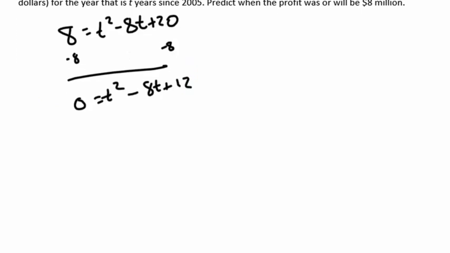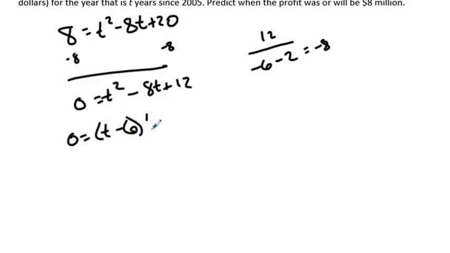So when I factor this, I need two numbers that multiply to 12, both negative, to get that negative 8 there. So we're going to use, let's see, negative 6, negative 2 to get negative 8. This will factor as t minus 6 and t minus 2. So one option is that t minus 6 equals 0, so t equals 6, or t minus 2 equals 0, so t equals 2.